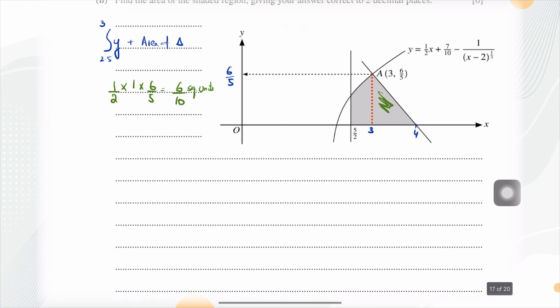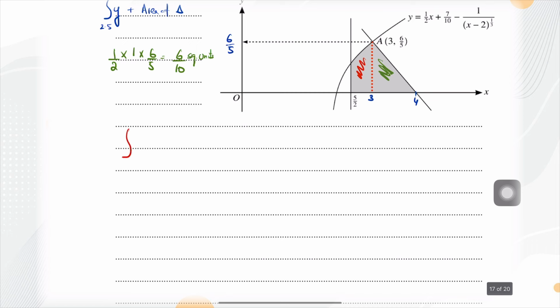Now let's focus on the area under the curve, for which as we saw we need to integrate the equation half x plus 7 upon 10 minus, now shift this in the numerator, (x minus 2) to the power minus 1 upon 3, within the limits 3 and 2.5 or 5 by 2.